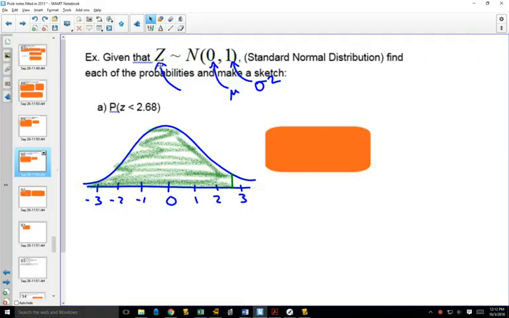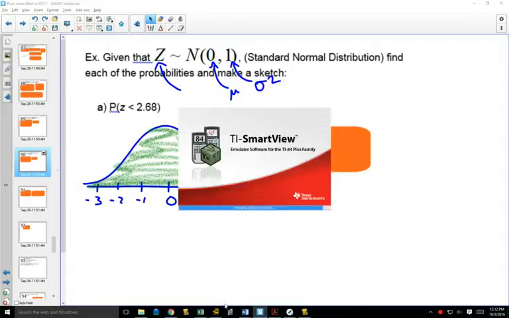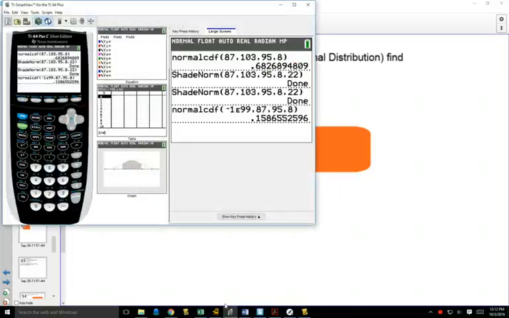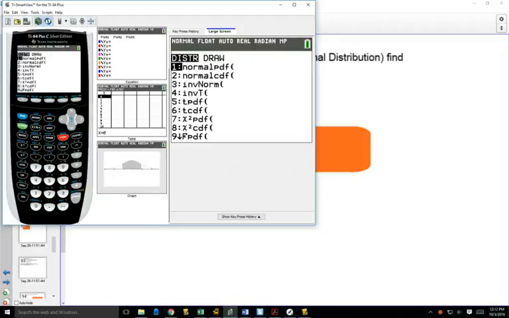Then if we want to find that percentage, we're going to go to our calculator, just a reminder on what we need to do. Anytime you're trying to find a percentage, you're going to use normal CDF. So if we go to our distributions, which is second vars, the second one is your normal CDF.